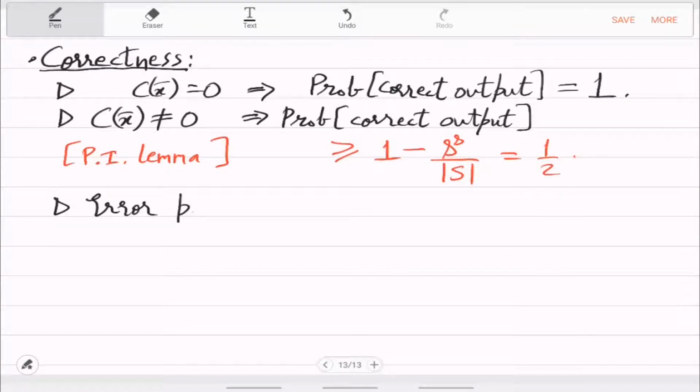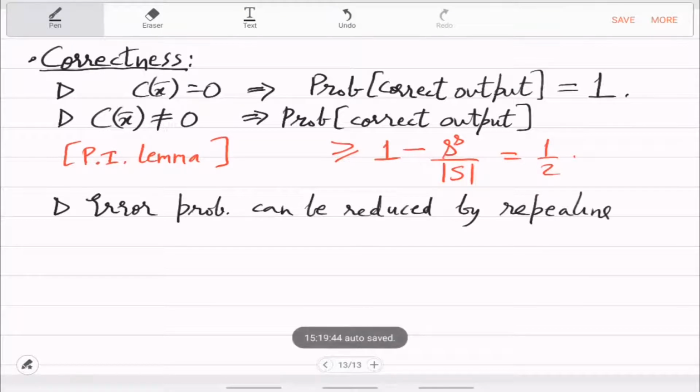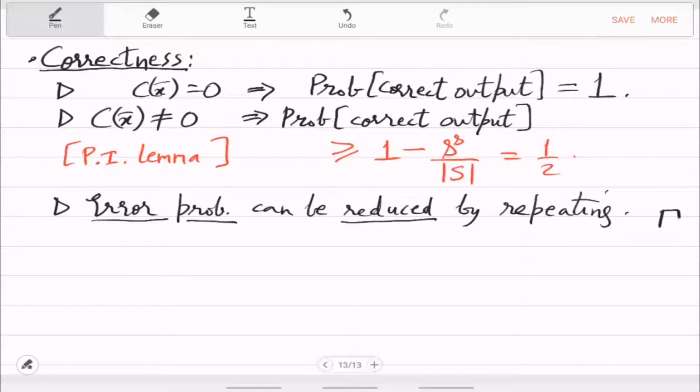So error probability can be further reduced by repeating the algorithm. Okay, so this is a very good practical algorithm. So that at least finishes our proof that PIT is in BPP. Now let us prove the lemma.